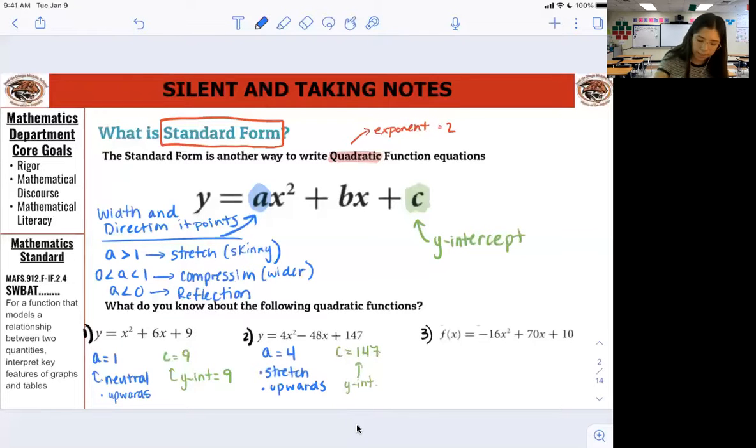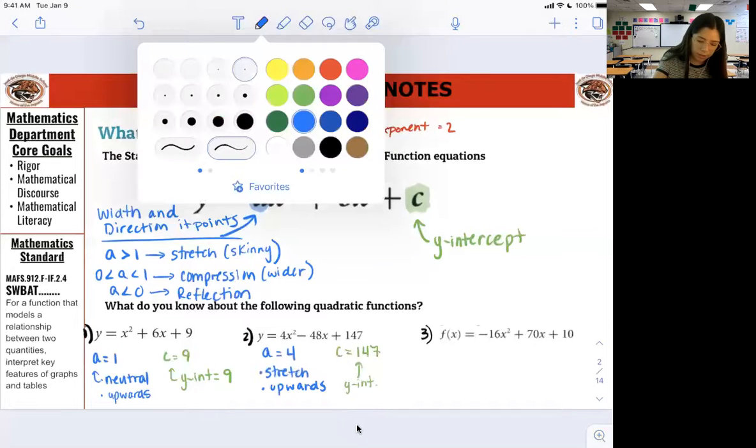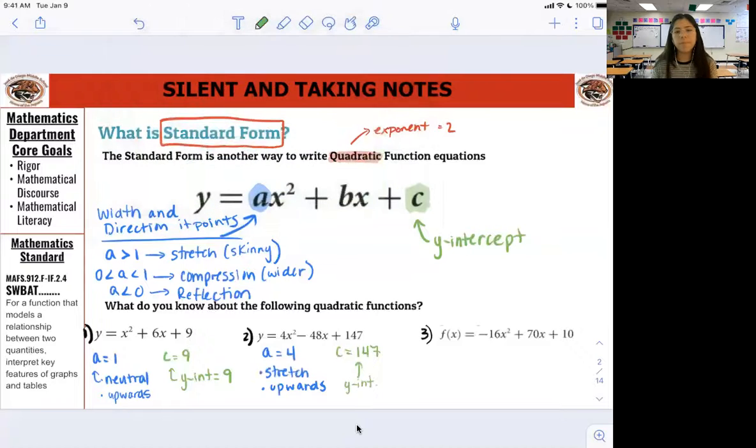And then lastly, number 3. What do I know here? Your constant is 10.